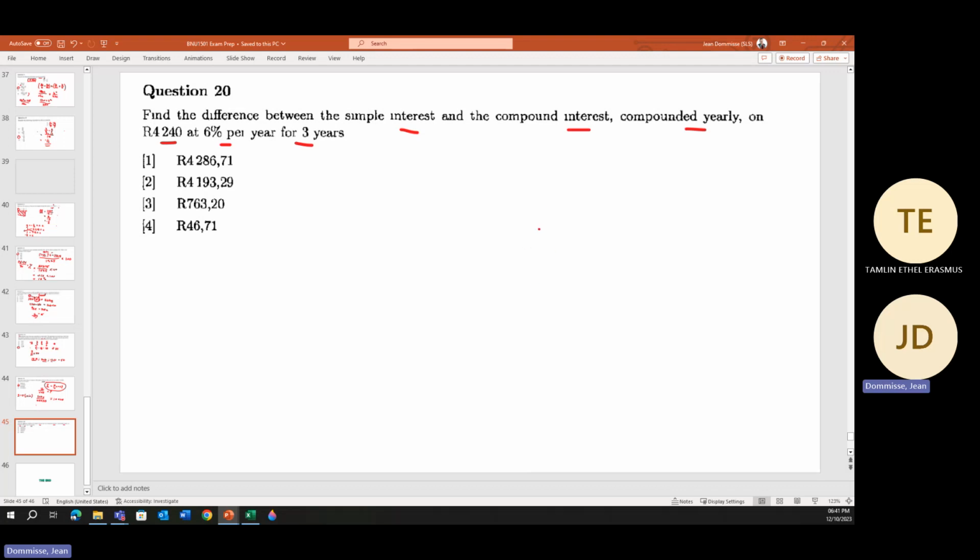Okay, so they want us to work out what the simple interest one will be. Then they want us to work out what the compounded interest one will be, and then what is the difference between the two.